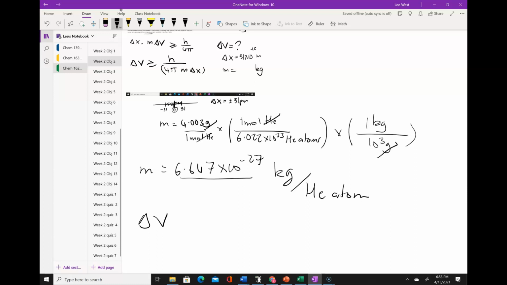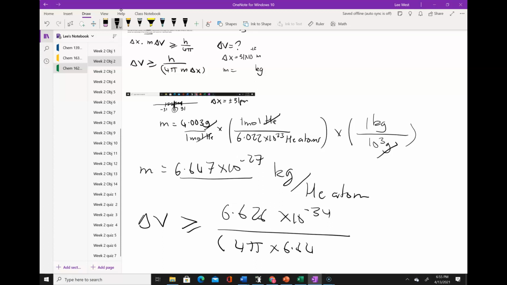So the uncertainty in the velocity is going to be Planck's constant, and now it's the actual value for Planck's constant this time, 6.626 by 10 to the minus 34, divided by 4 pi times the mass, which was 6.647 by 10 to the minus 27, times the uncertainty in the position, which was 31 times 10 to the minus 12, and that was meters.